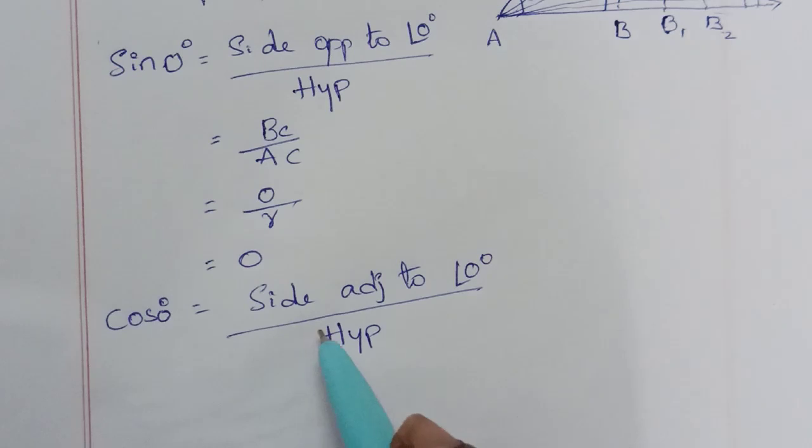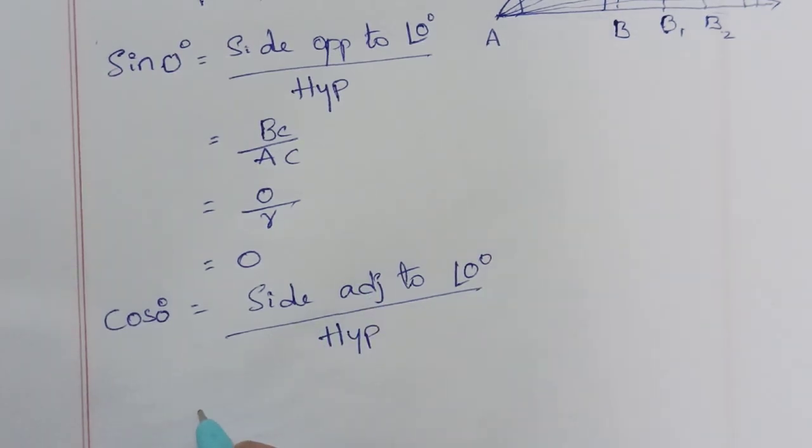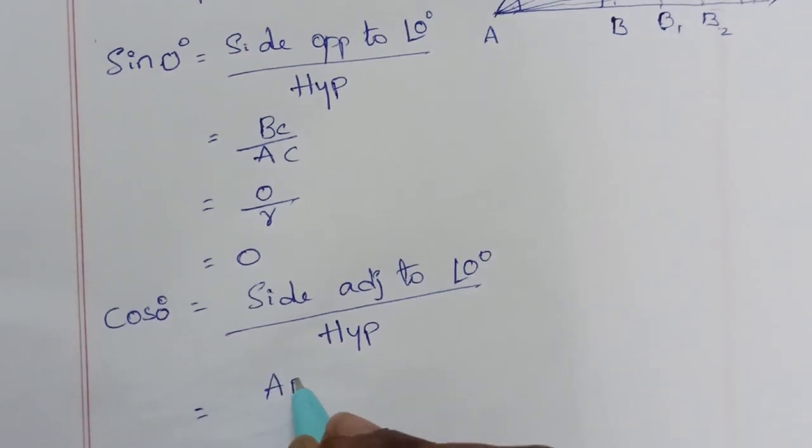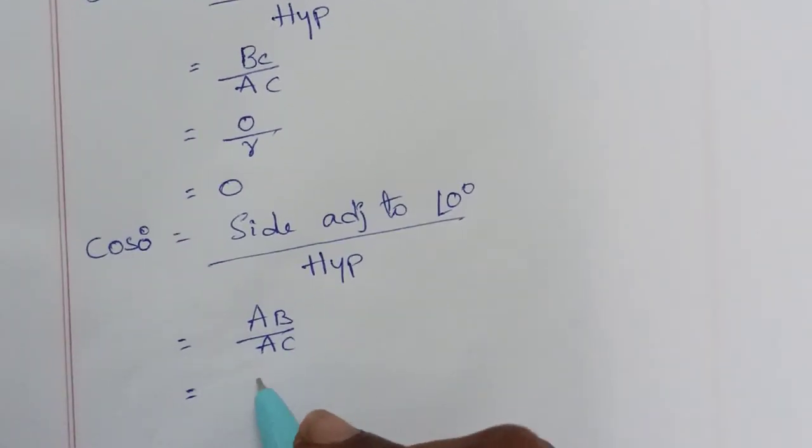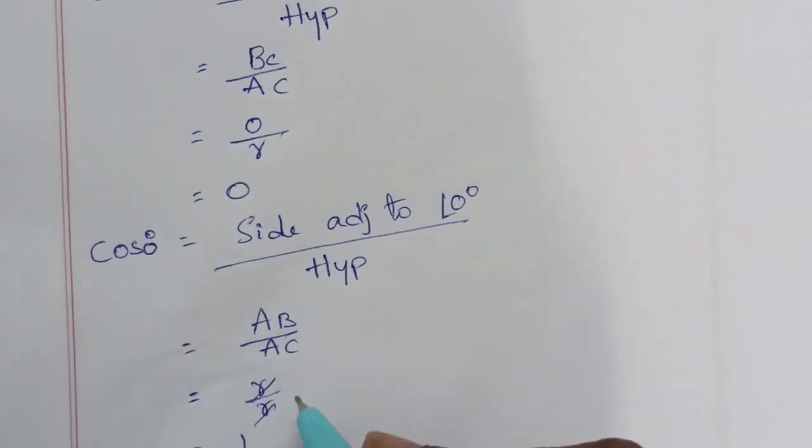Cos 0 degrees is equal to side adjacent to angle 0 degrees by hypotenuse. That is equal to AB by AC. That is equal to R by R, R R will get cancelled, 1.